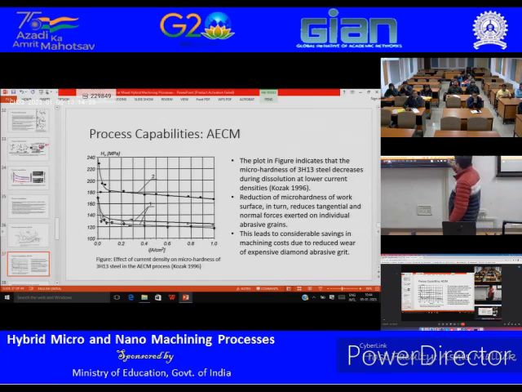Okay, and which can also reduce the tangential and normal forces for individual grain. So what it tells you is that if you consider the cutting force analysis for the grinding portion, when you are using abrasive assisted electrical discharge machining, there is more chance of the grains to come out, or loosening from the matrix, because the EDM process creates some recast layer, and those have comparatively higher surface hardness because those melt and immediately solidify, right?